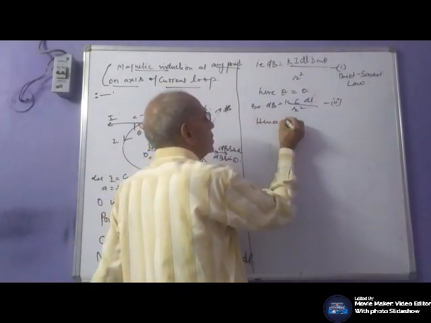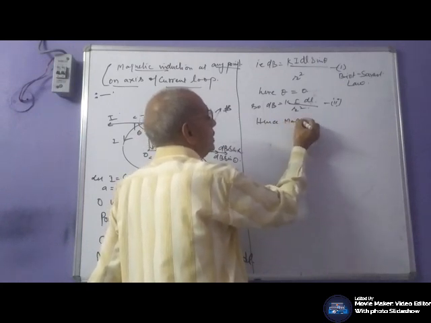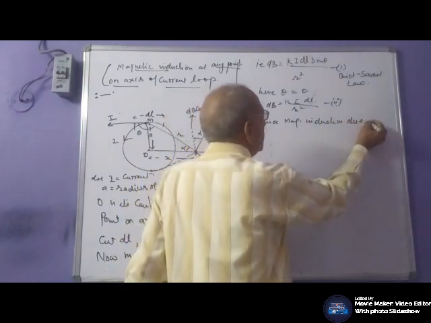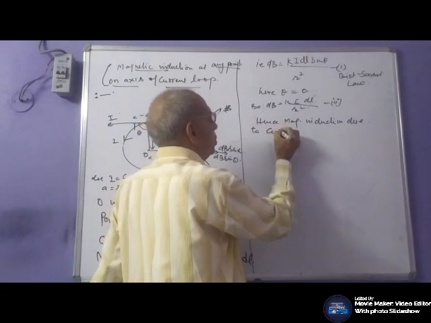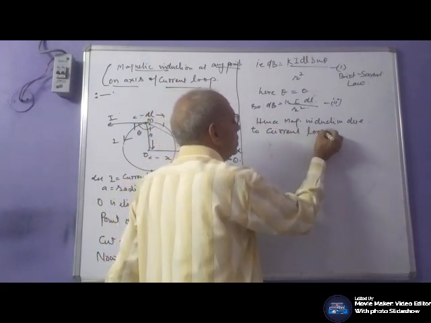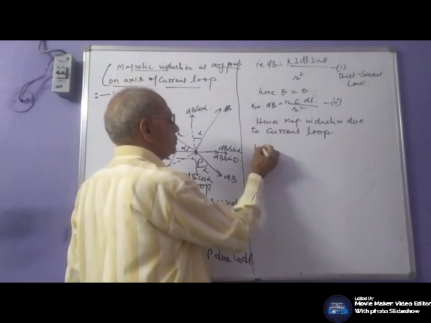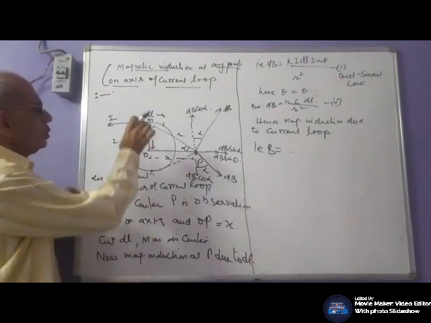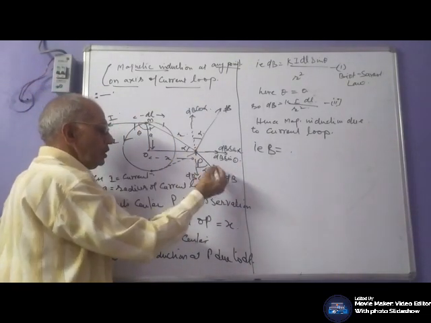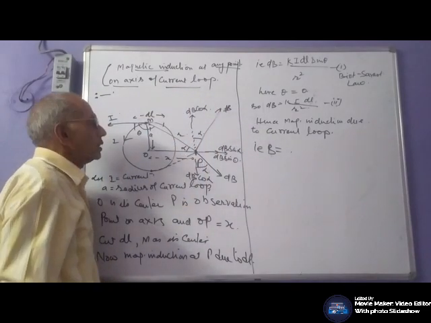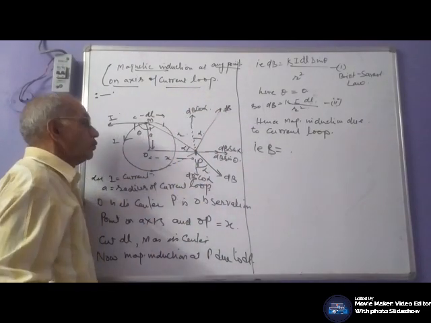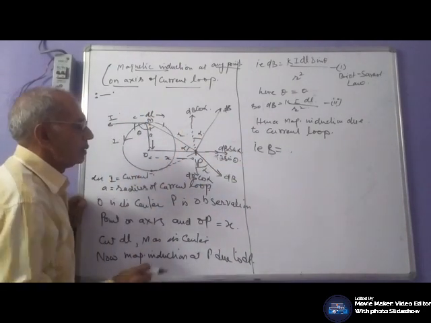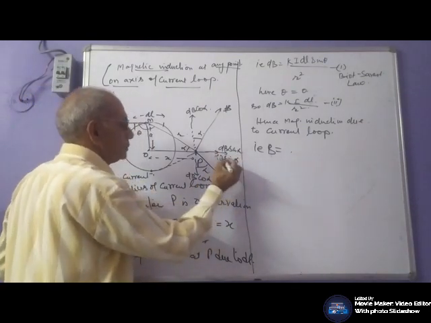Hence, the magnetic induction due to the current loop, that is B: the cos components cancel, being equal and opposite. For every dl there is dB sin alpha, dB sin alpha, dB sin alpha.